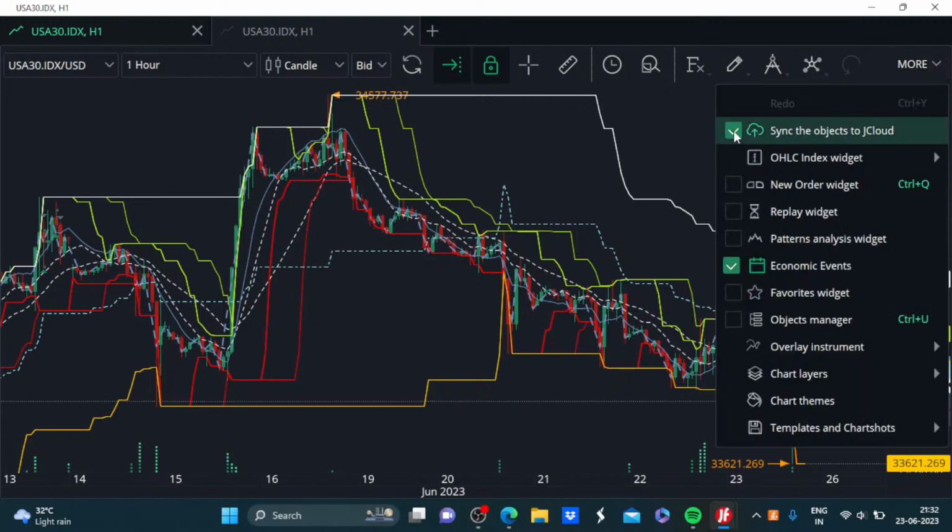First need to remove all the current indicators in place.